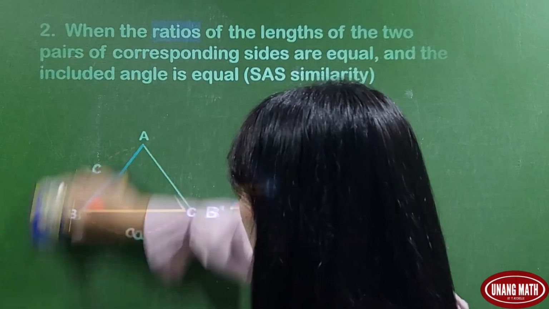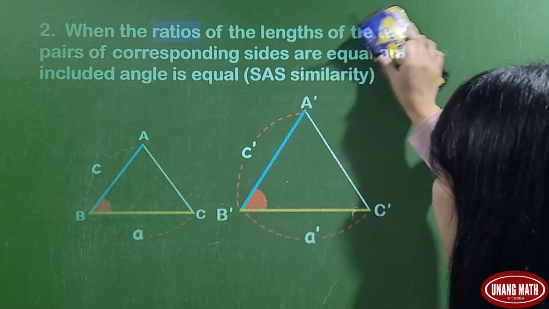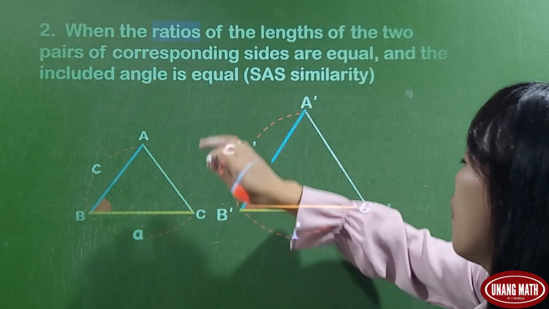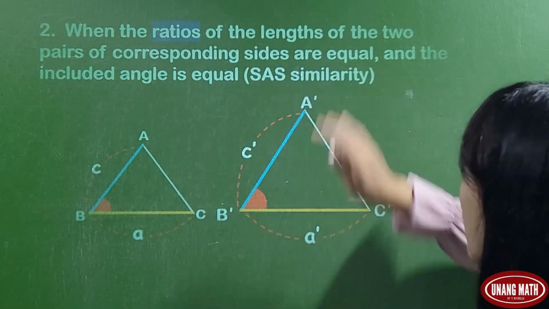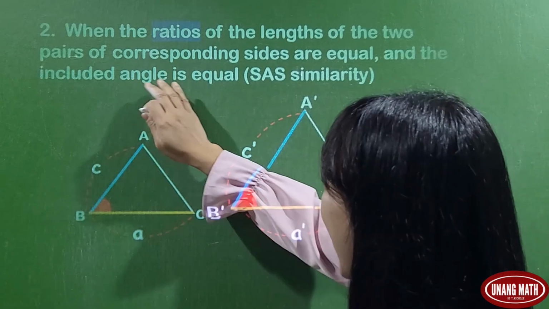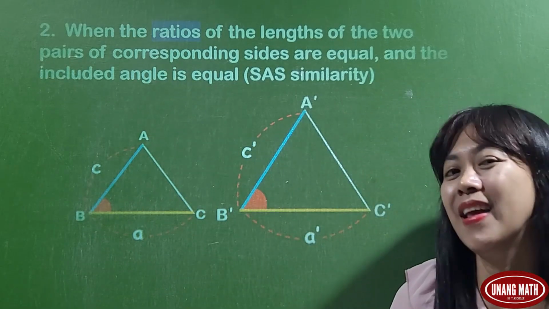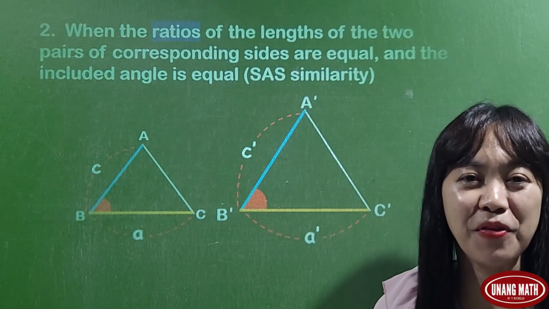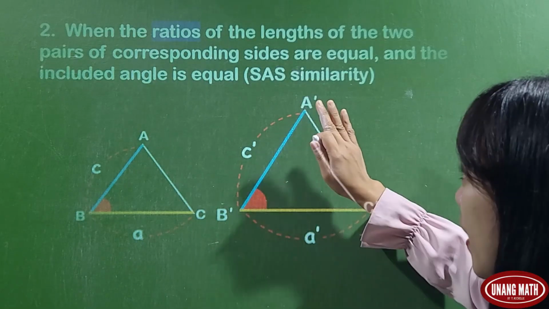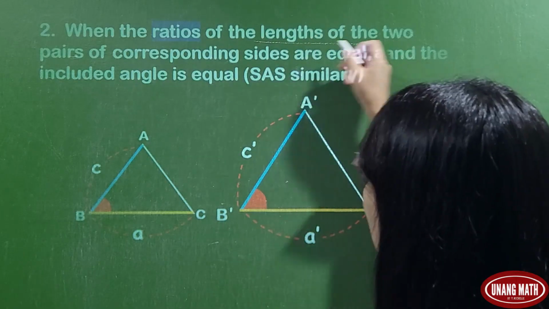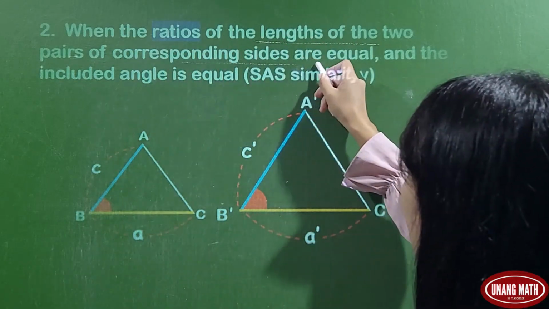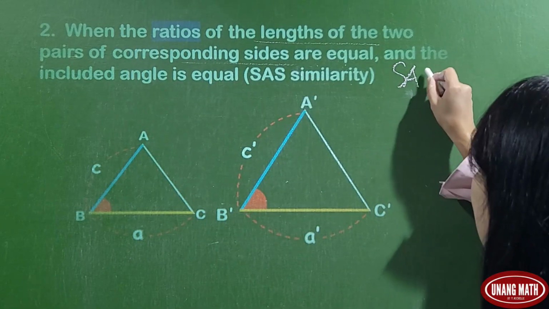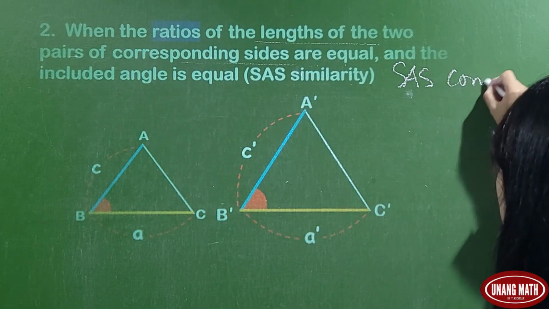According to this, when the ratios of the length of the two pairs of corresponding sides are equal and the included angle is equal, then the two triangles are similar figures. If we are just talking about the length of the two pairs of corresponding sides being equal and the included angle, that is SAS congruence.